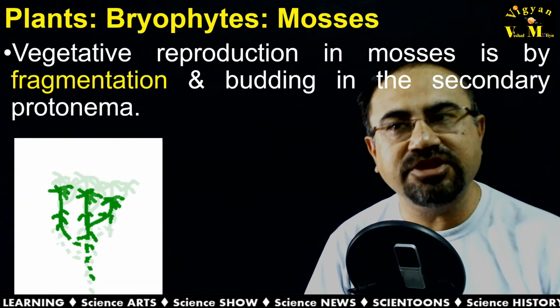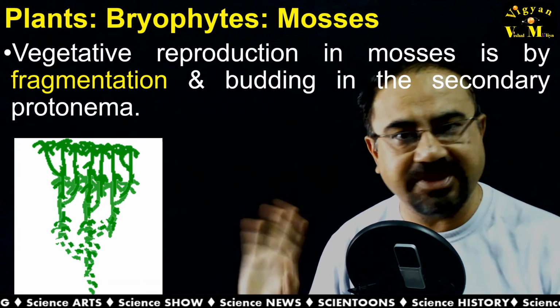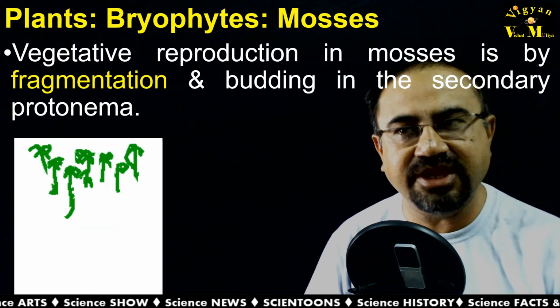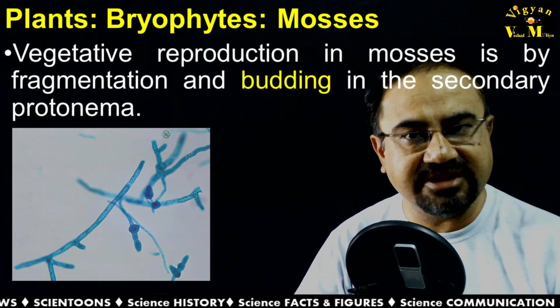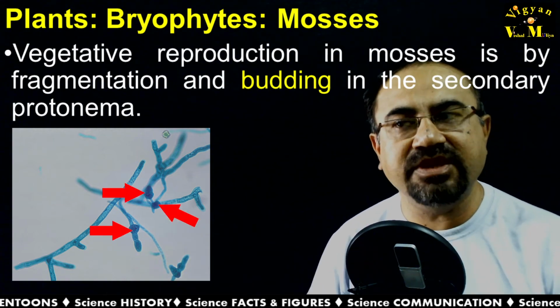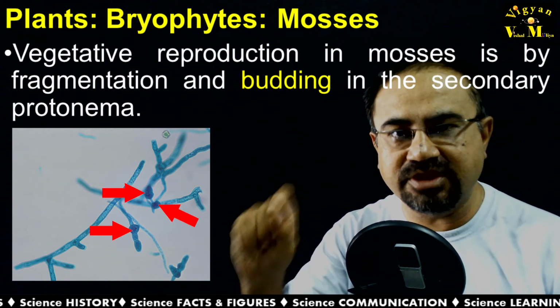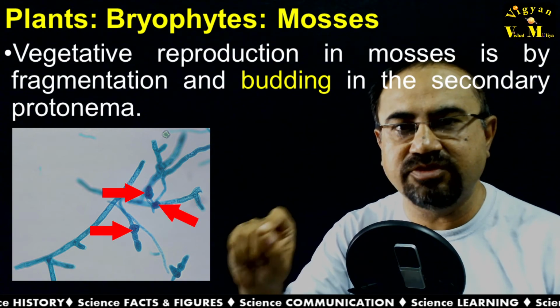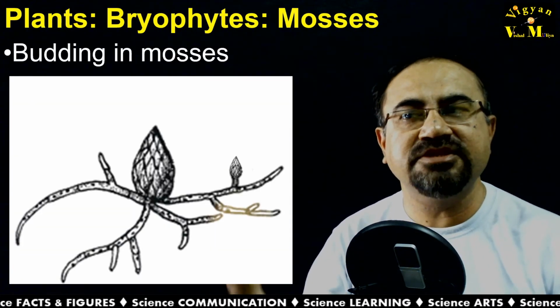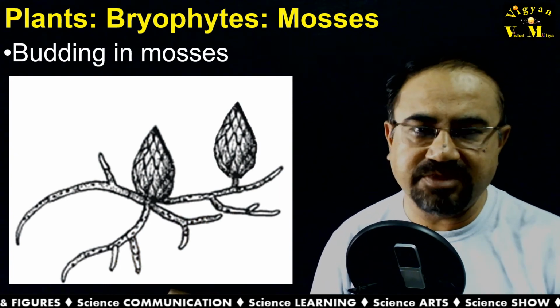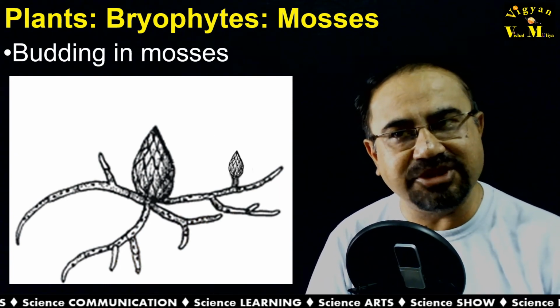Vegetative reproduction in the mosses takes place by fragmentation, which we can see here with the animation, or by budding of the secondary protonema. Here we can see the budding. Here you can see the blinking arrow showing where the bud is, and how this bud is growing can be seen here in the animation.